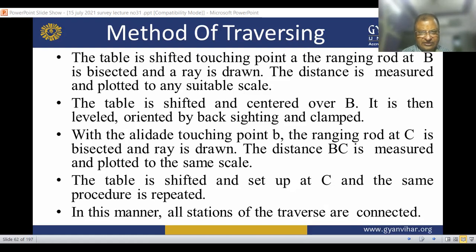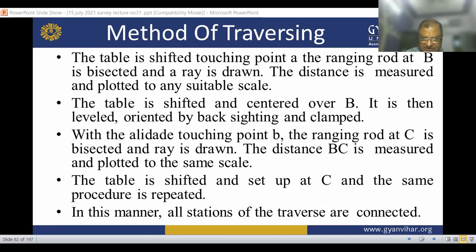With the alidade touching point b, the ranging rod at C is bisected and a ray is drawn, and the distance BC is measured and plotted to the same scale.